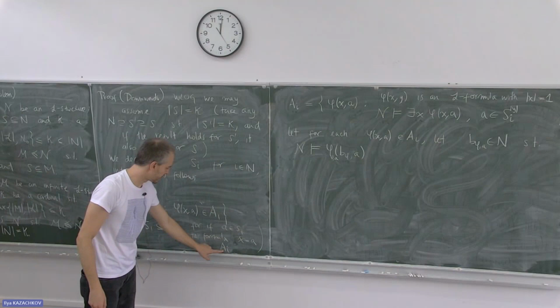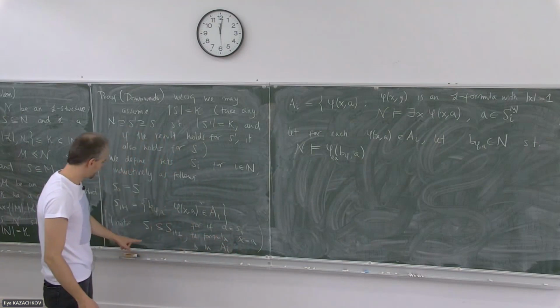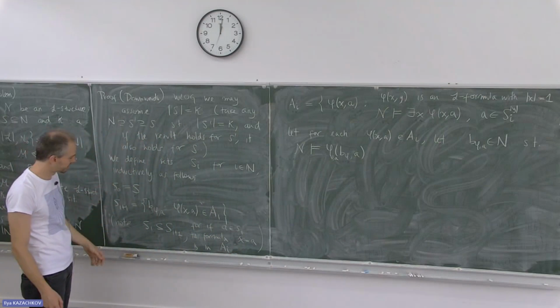Since this formula belongs to A_i and the only possible witness for this is A, I do have a chain of subsets, right?